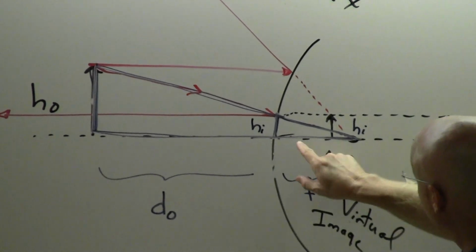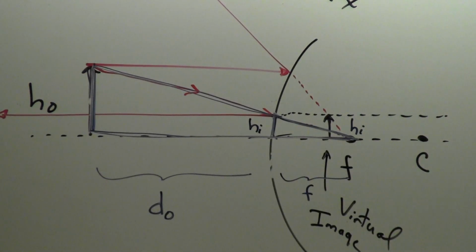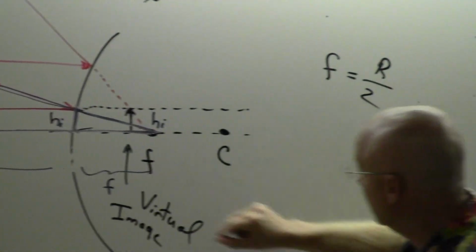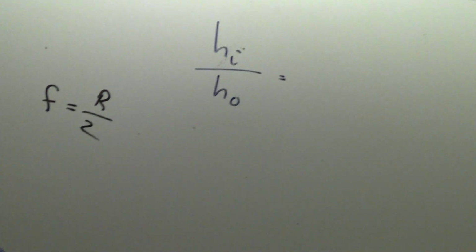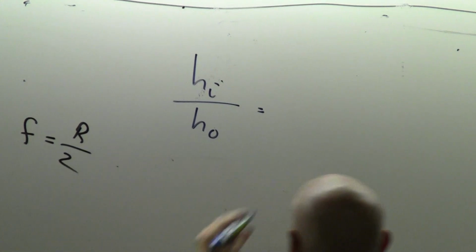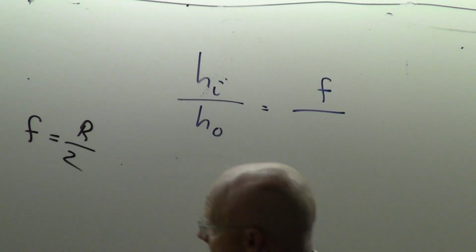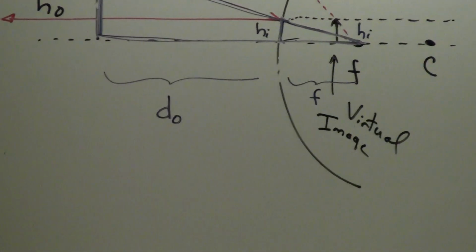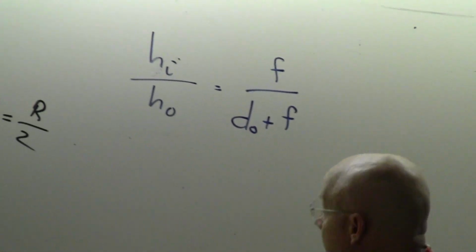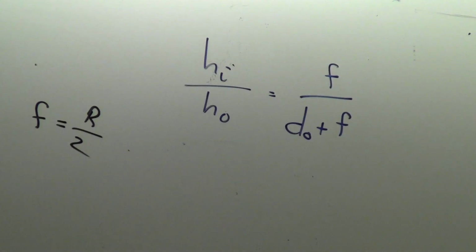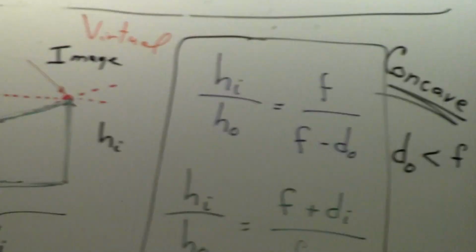You can see here that this small blue triangle, if I write out the ratio, I would have height of the image is to the height of the object. So this is to this, as this distance, which is the focal length, is to this whole distance, which is object distance plus focal length. And so again, you'll see that that equation is different from this one and differs from this one.